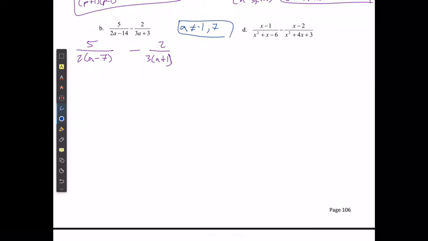My lowest common denominator, well, between the 2 and the 3 is going to be 6. And then they're both going to need the a minus 7 and the a plus 1.